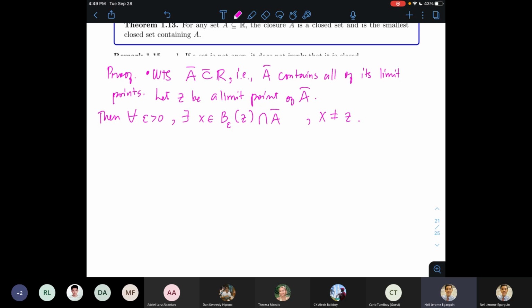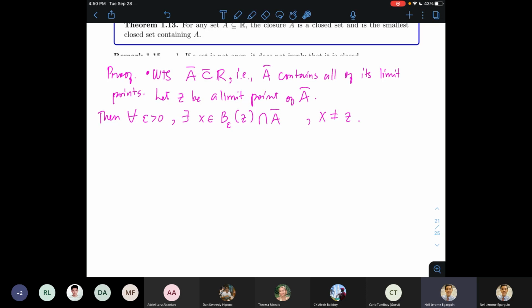So dahil si Z ay limit point ni A bar, pag kumuha ako ng kahit anong epsilon, however small it is, I can always find an element X that is different from Z, that is an element of the intersection of the neighborhood around the limit point and the given set. Again, definition lang to ng pagiging limit point ni A bar.